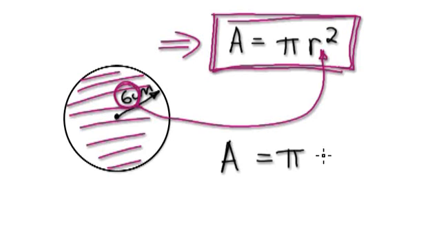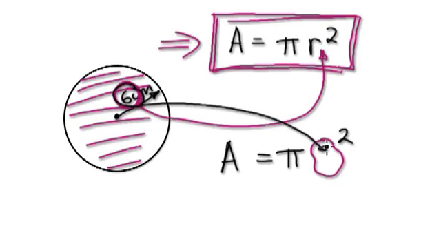A equals pi r squared. Remember, this is r here, and then we've got to square it. Now the 6 is the radius, so 6 goes in here.